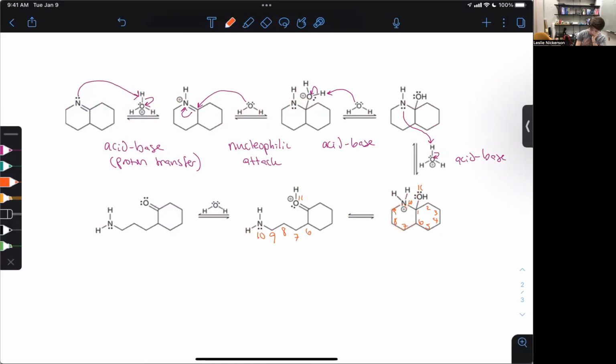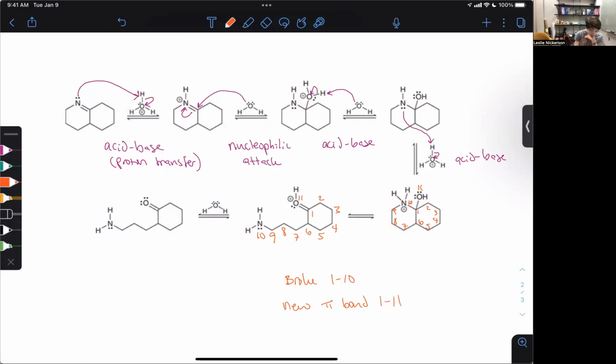And then 6 connected to 5, 4, 3, 2, 1. And I have that 1,6 bond still intact, okay? But the bond that broke is the 1 to 10 bond. So we're looking at this guy right here. That bond broke, and I made a new pi bond between 1 and 11.